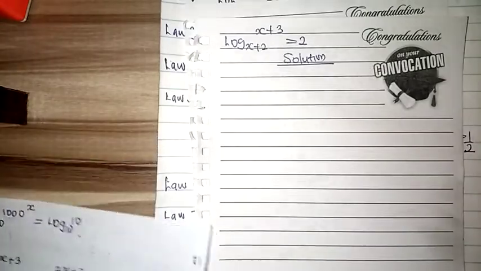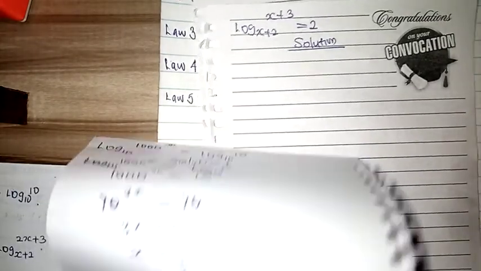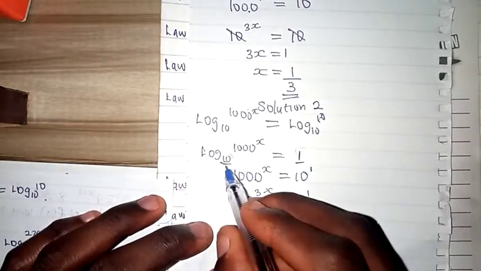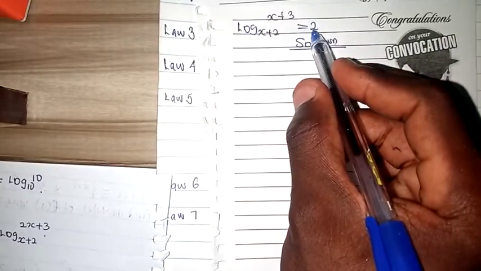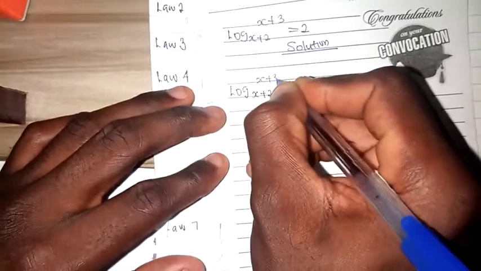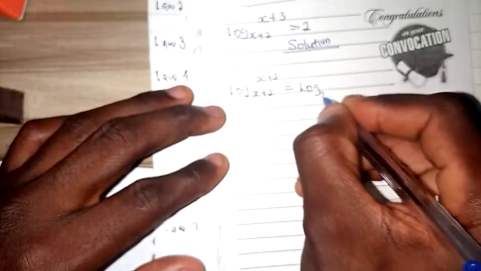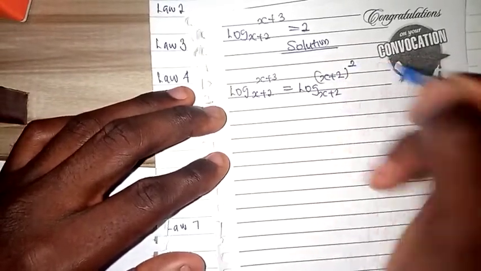Don't forget that I told you in example 1 that when you have something of this to this, then we can make it in this form. But I'm going to reveal the secret why it is like that. Solution. I can rewrite 2 in the form of log x plus 2 of x plus 2 raised to power 2.